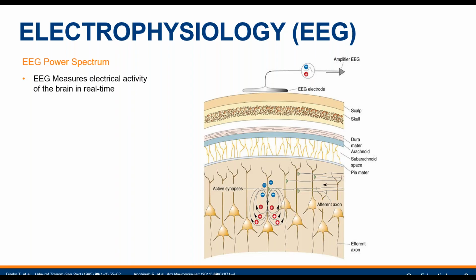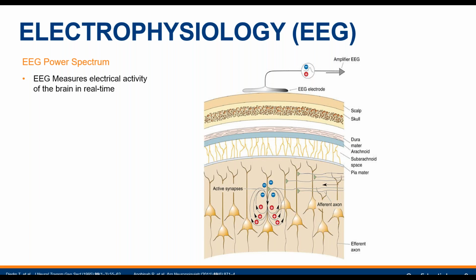So breaking down a little bit more about what's going on in an EEG, we know that neurons communicate via action potentials, which are created by the exchange between sodium and potassium into and out of the cell. So when this wave of ions reaches electrodes that are placed on the scalp, they're going to push or pull electrons on the metal surfaces of that electrode.